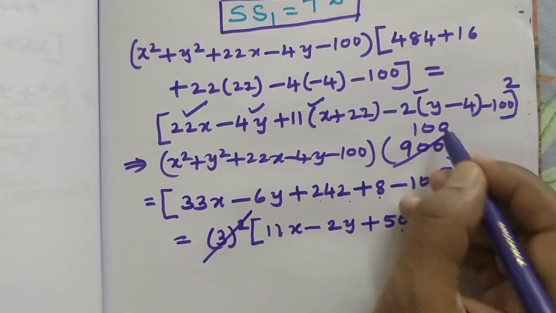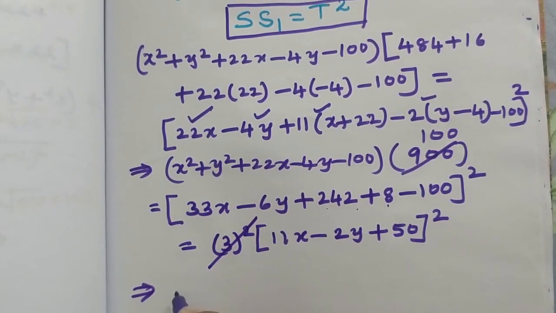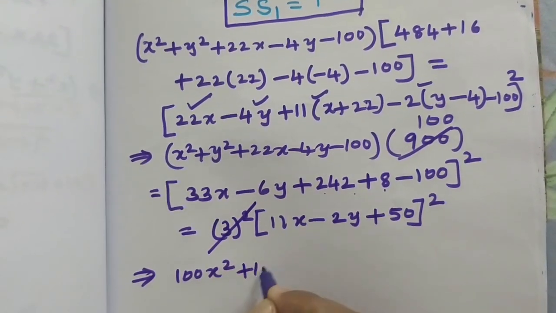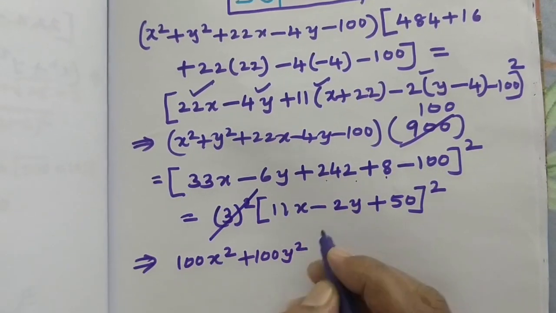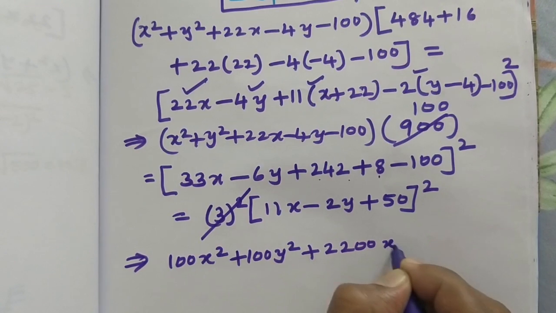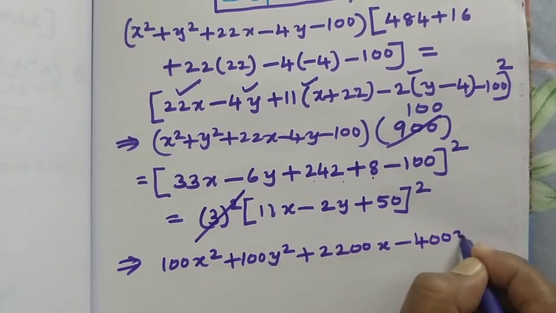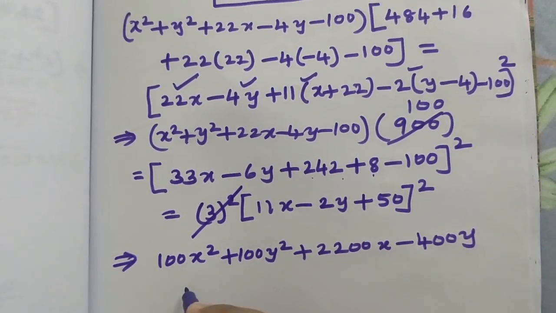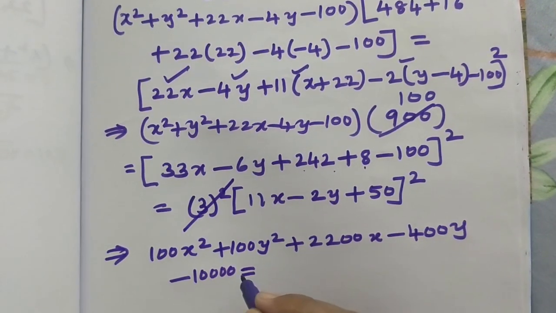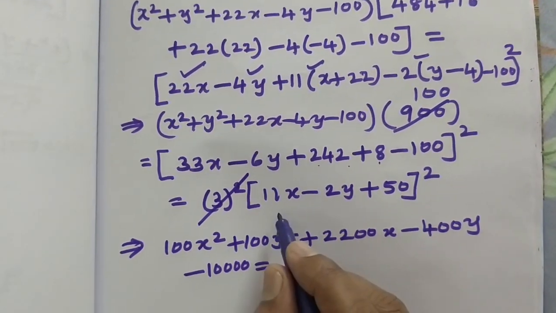Okay, now simplify. 100 into x square, 100x square plus 100y square plus 100 into 22, 2200x minus 400y minus 100 into 10,000 is equal to, this one is 11x square, 11 11s are 121x square.